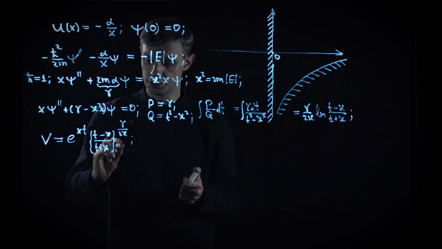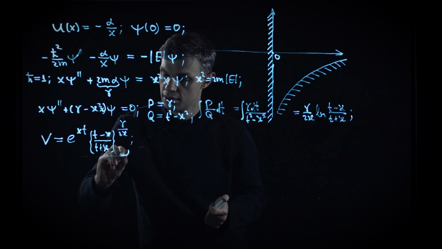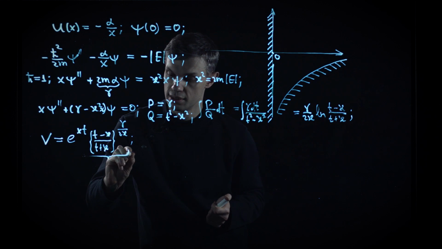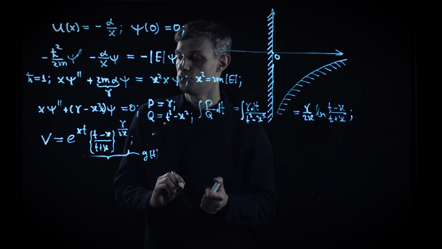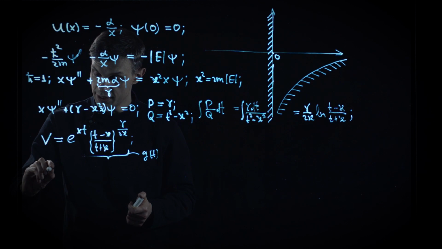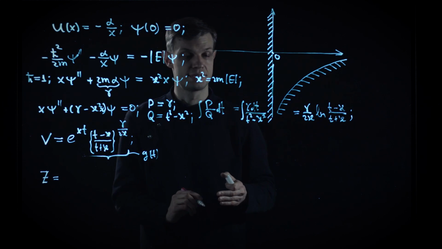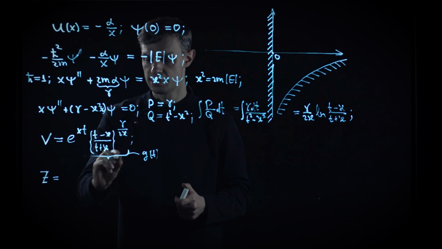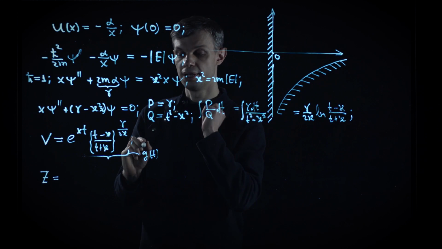This is a multivalued function, and let's denote it as g of t. Right. And finally, the z function, which is this piece of our v function divided by the Q polynomial.